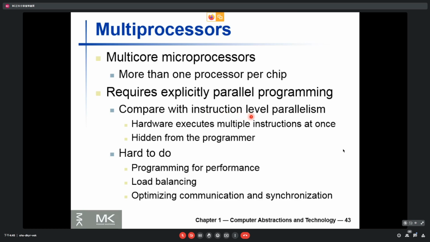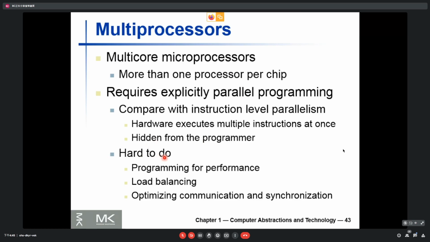That means we try to expose parallelism at instruction level, meaning the CPU can execute multiple instructions at the same time. Okay, we'll talk about that in the later chapters. So how we execute multiple instructions at once, hidden from the programmer, that's how we will do that.